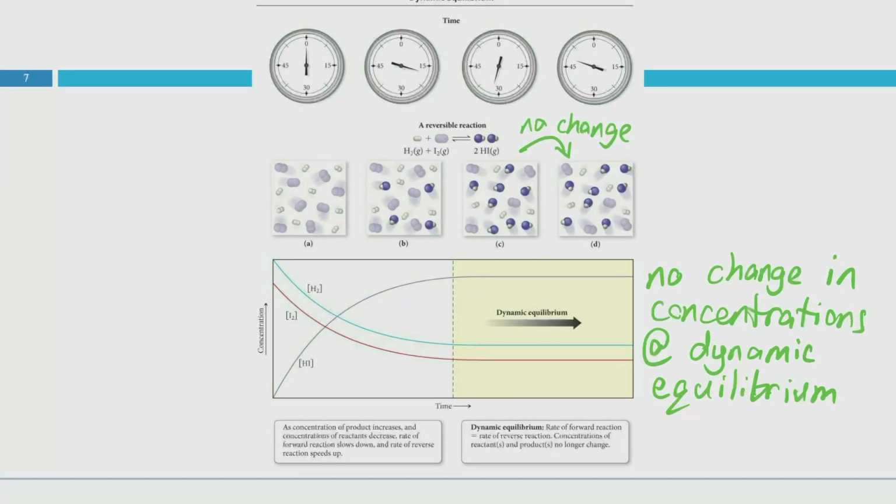And by no change, like there's still things moving back and forth, right? 'Cause that's the dynamic part. Still things going in both directions, but the overall concentrations at the observable level have not changed and won't change.